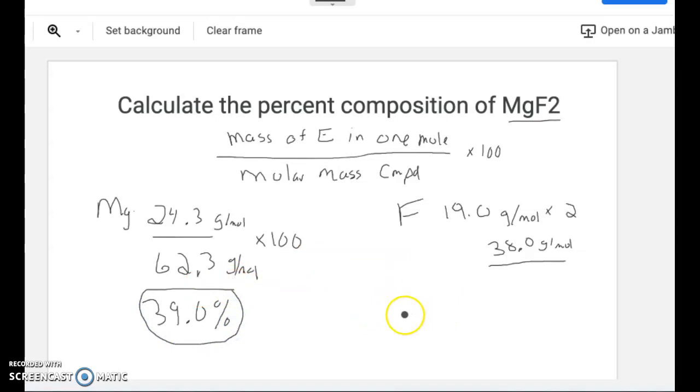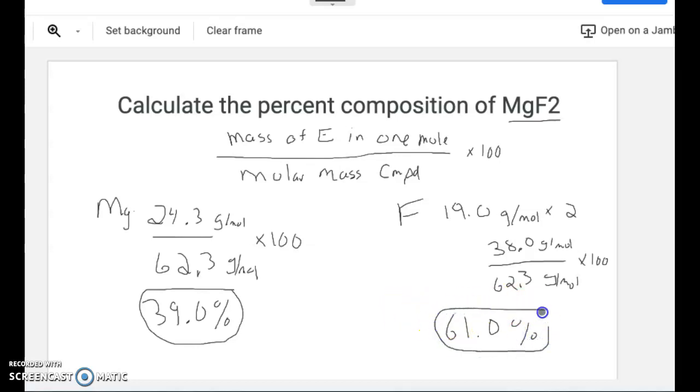Again, these two need to add up to 100, but for fluorine, it's going to be 38 divided by the molar mass of the compound, 62.3 grams per mole, multiplied by 100, and after rounding off, it ends up being 61.0% for the fluorine.